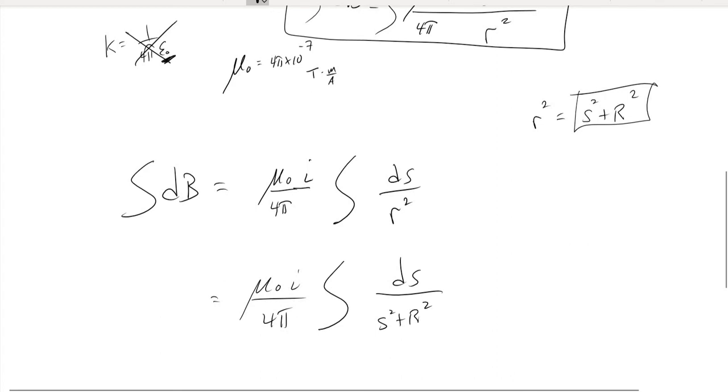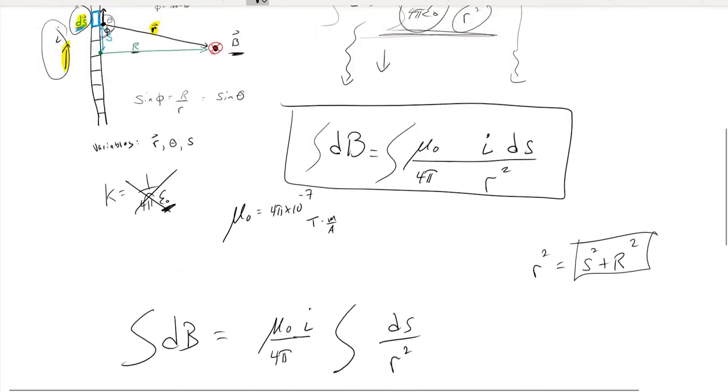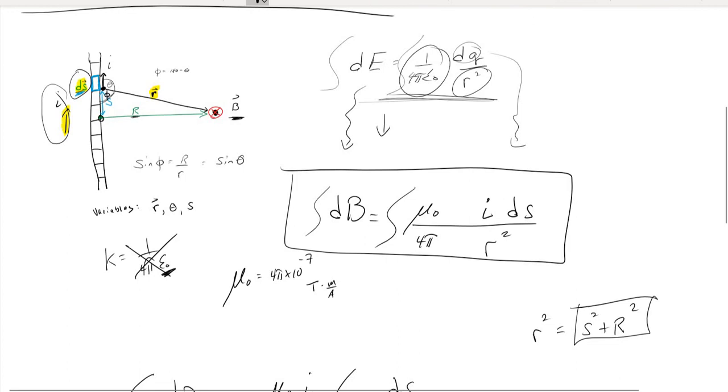And what we would do is we would integrate from the point on R where it meets the wire out to whatever edge of the wire.